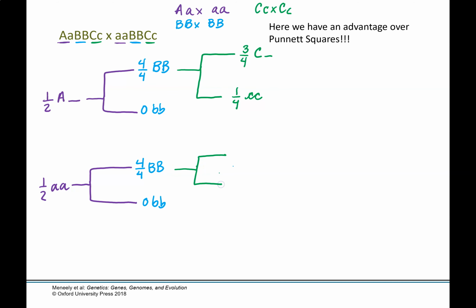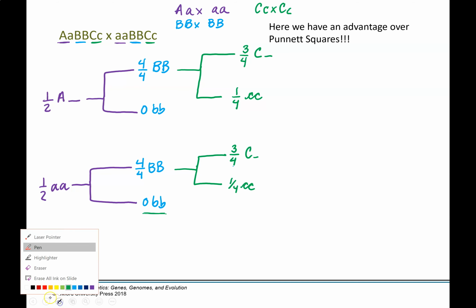Same thing down here. Now, the reason that I'm not branching off of the bottom B branch is because we're going to use the product rule, and anytime you multiply by 0, your chance is 0. So there is a 0 chance of having the dominant A or the recessive A with a recessive B. It's not possible from this cross.